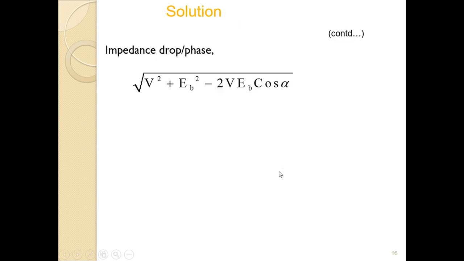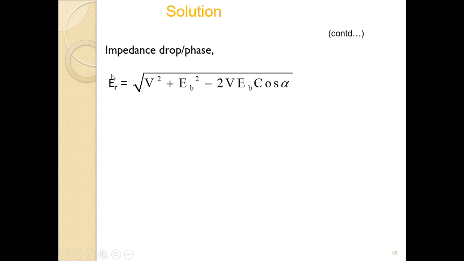So impedance drop ER is equal to square root of V square plus EB square minus 2 into V into EB cos alpha, where alpha is the load angle or coupling angle.